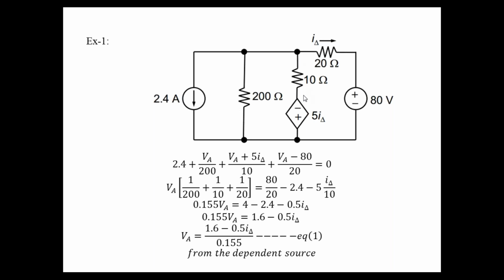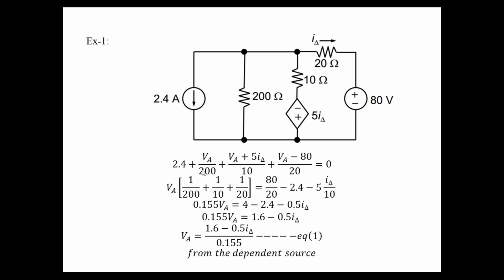That is VA plus 5 I delta by this branch resistance of 10 ohms, plus this branch current which is already given as I delta. Now an equation for I delta: the potentials in this branch are VA and 80 volts. VA is positive and 80 volts is also positive, so similar polarities oppose. Hence it is VA minus 80 volts, VA minus 80 volts by 20, is equal to 0.